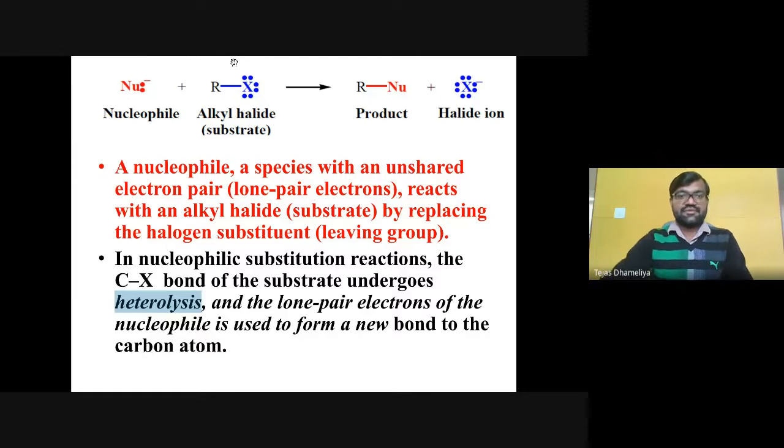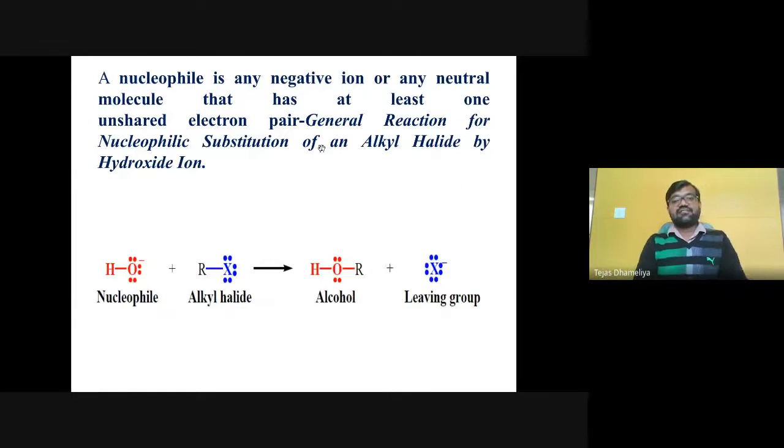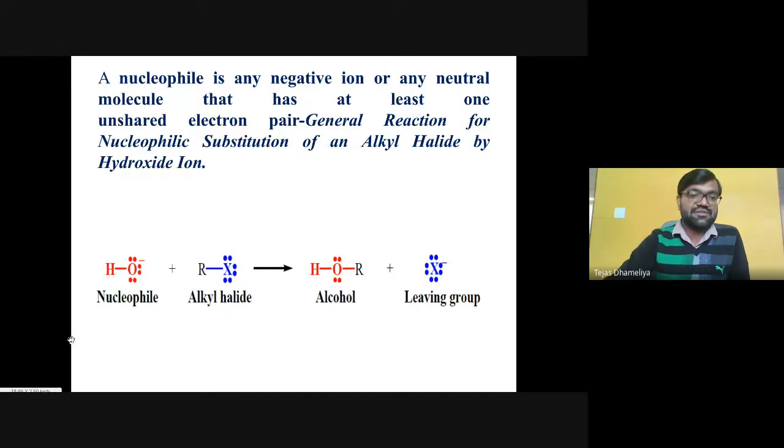So with this, we are moving to the next slide, where I wish to focus that nucleophile is a species, and I am giving one example of a nucleophile. This time the nucleophile is assumed to be OH minus, hydroxide ion. So this hydroxide ion reacts with alkyl halide to form alcohol, and the leaving group is X minus.